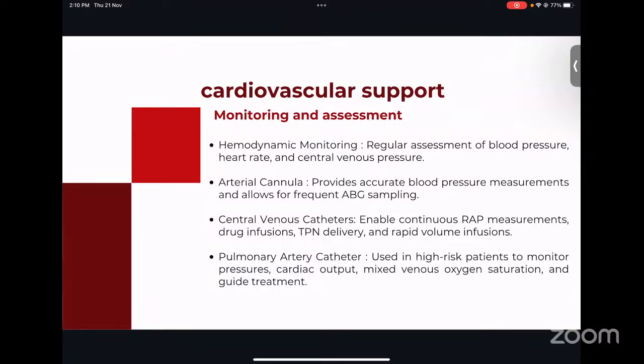Regarding the pulmonary artery catheter, it is indicated in a patient with a hypoperfusion state refractory to first and second line inotropic support, and in patients who have pulmonary hypertension, poor ventricular function, or multi-valve surgery.